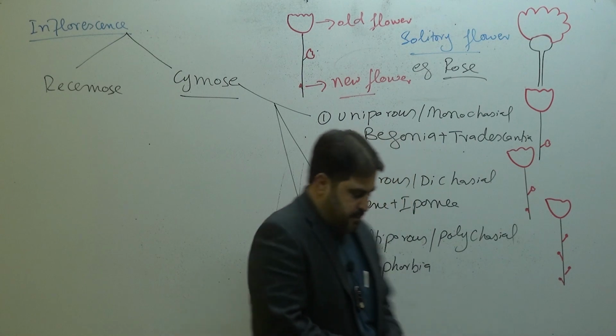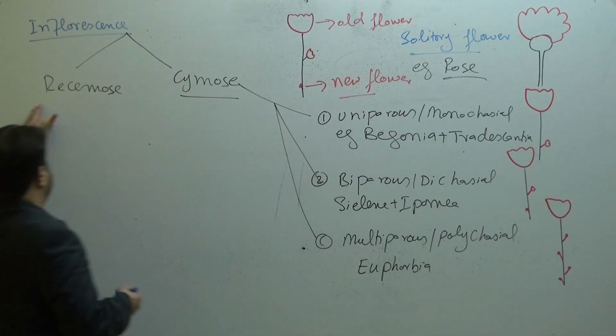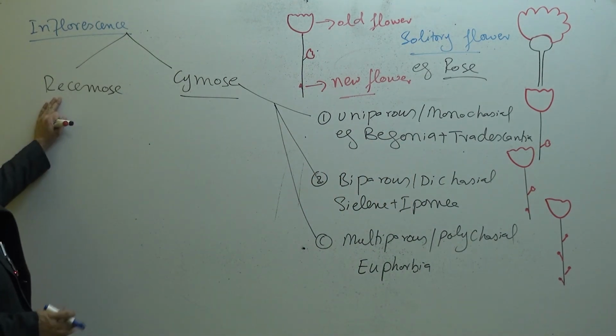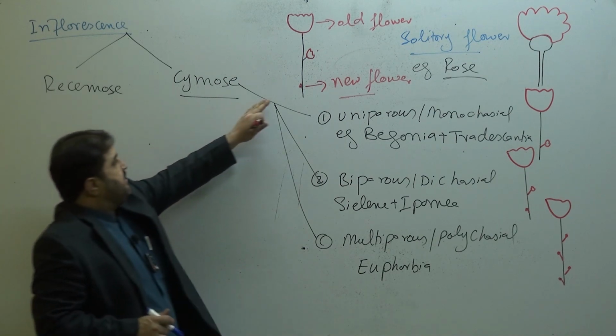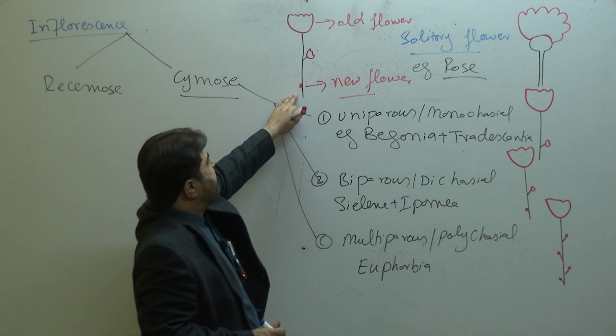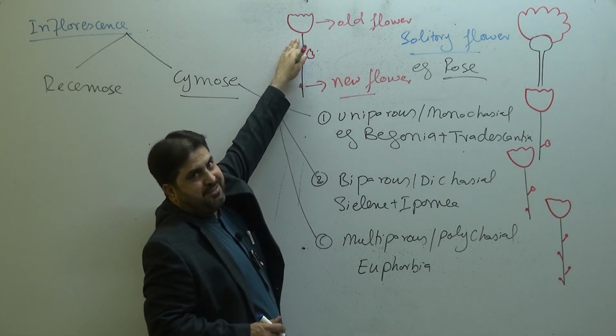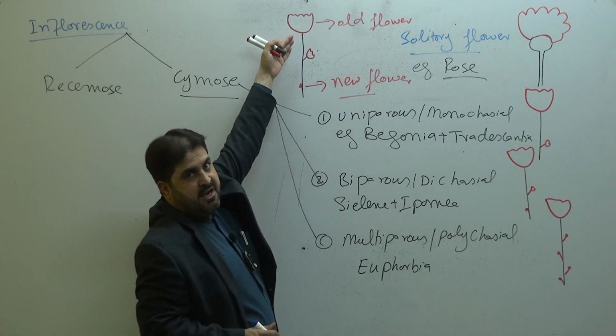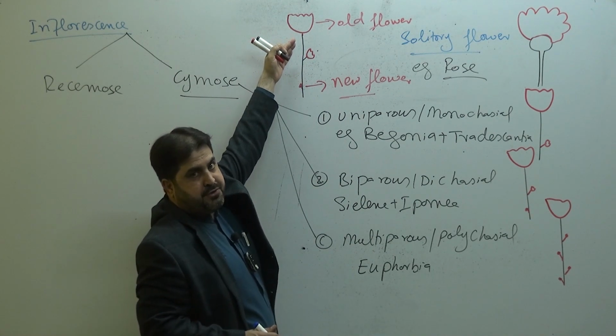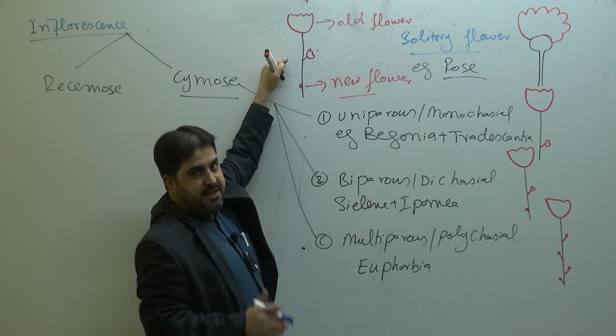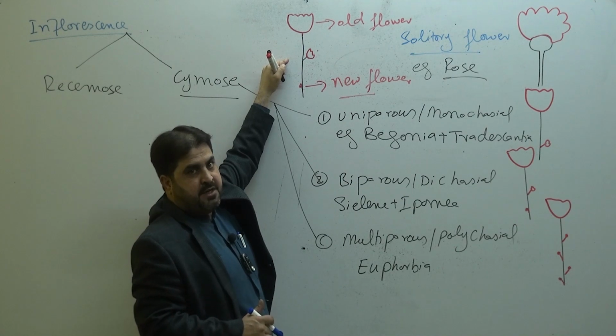Now we are going to discuss the racemose. What is the difference between racemose and cymose? In cymose, we have discussed that the main stalk soon completes its growth, then it produces the flower, and the new flowers are produced at the base.